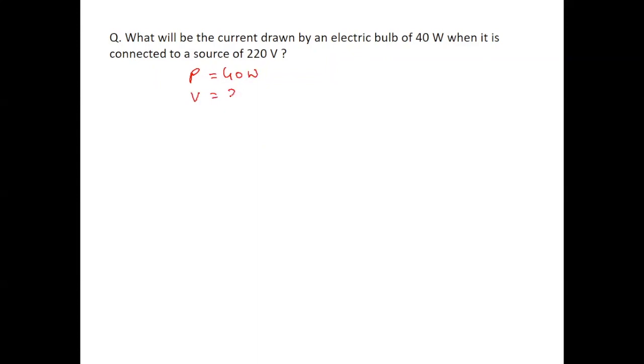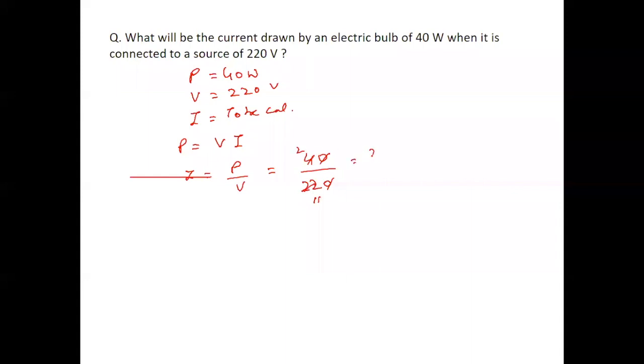Volt is given, 220 volt. What is to be calculated? Current is to be calculated. We know that the formula is P equal to VI, and I equal to P by V. Power is 40 and V is 220, and I is 0.18 ampere.